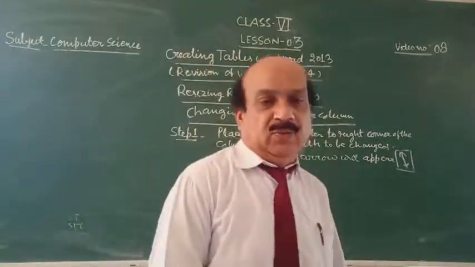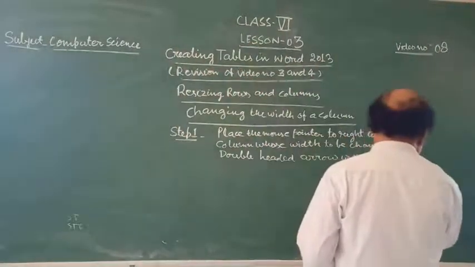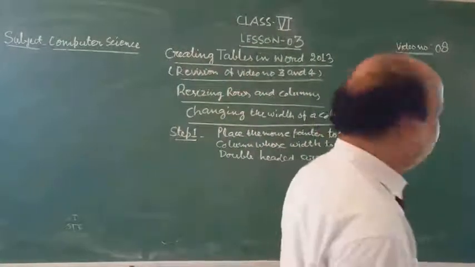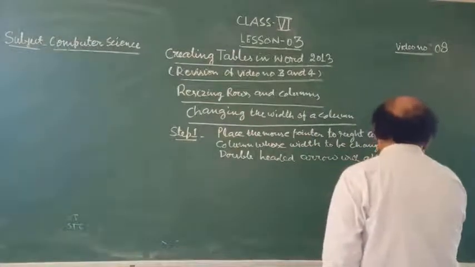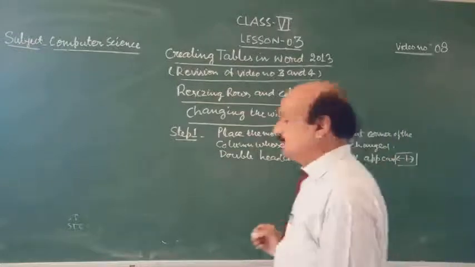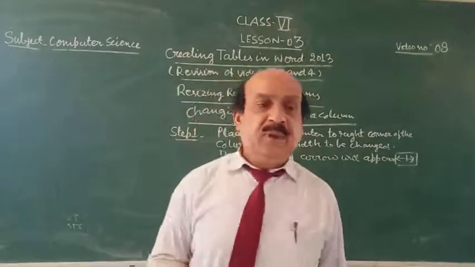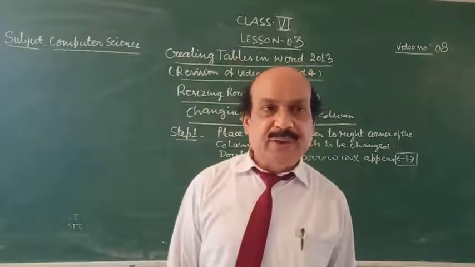You can use the left corner and the right corner. So you will use this corner, the double-headed arrow corner. And when you have got the double-headed arrow, what will you do?